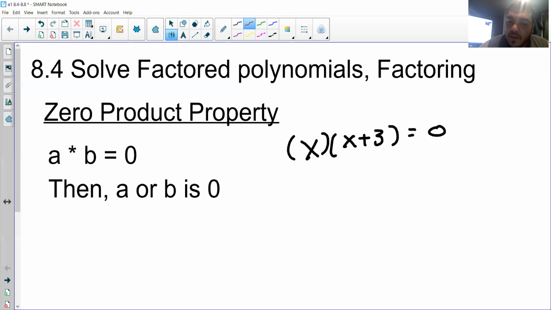Since this is some entity, we could call that A if you want, and this is some other entity, we could call that B if you want. That means A or B is 0, which means what numbers can I plug into the X to cause this to be 0?